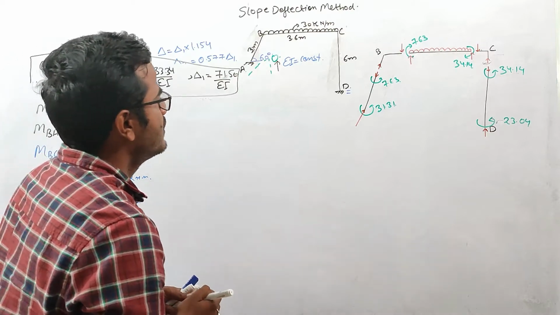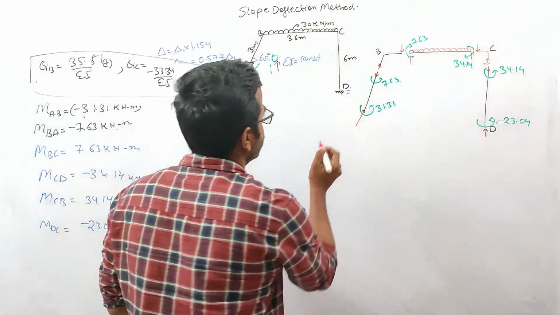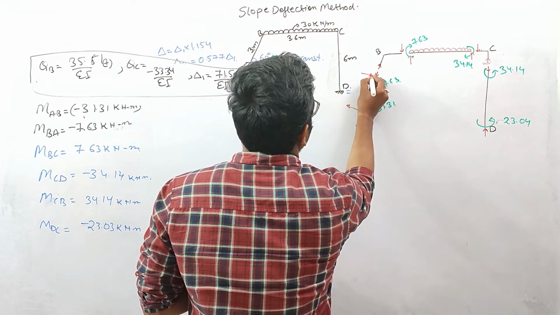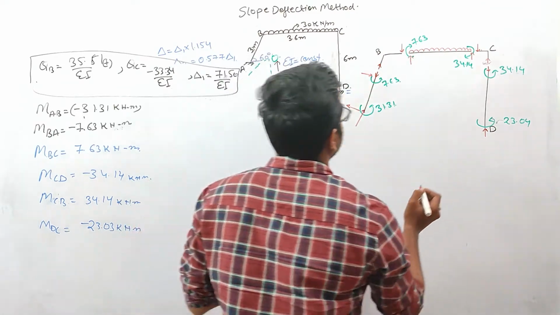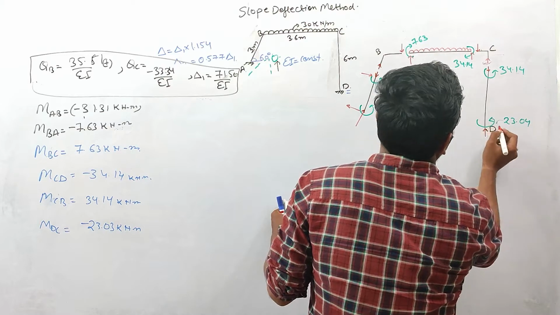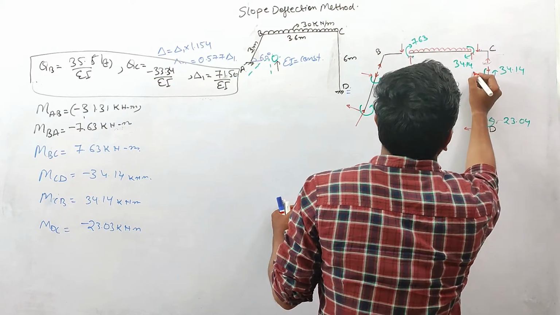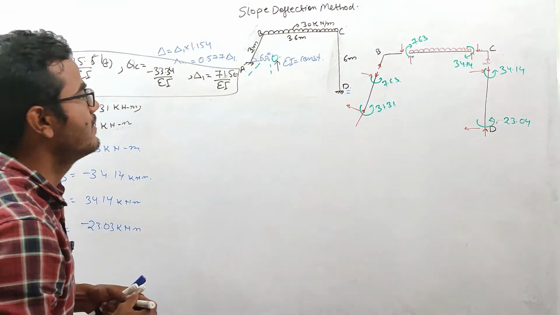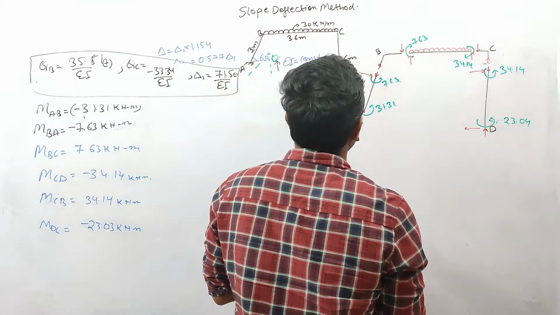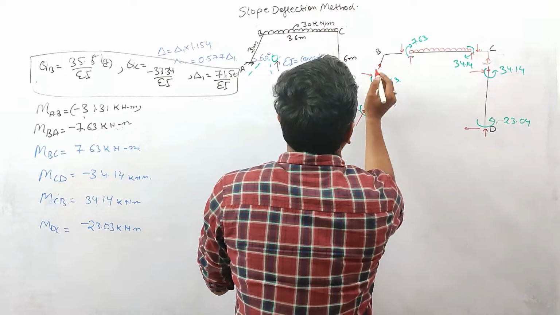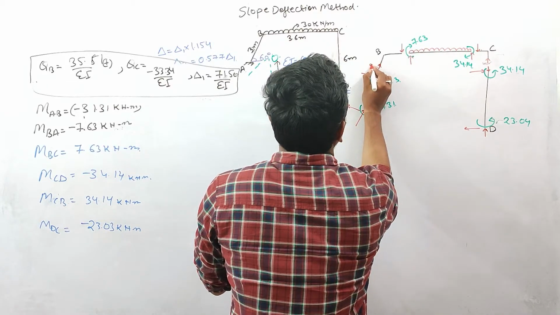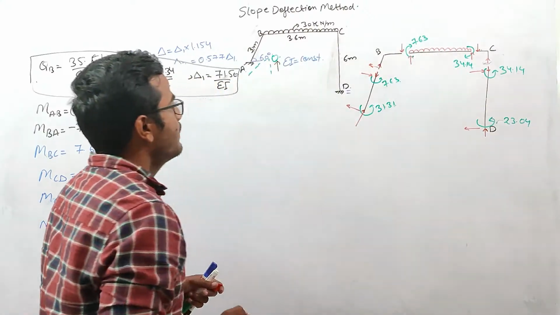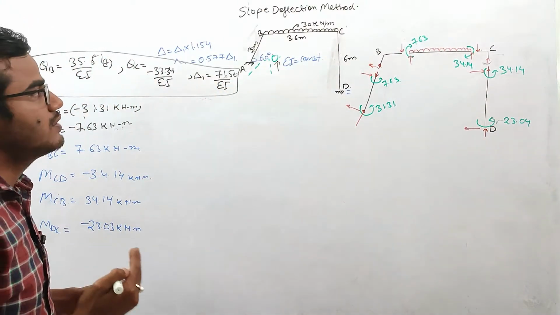Now let us draw the free body diagram for the moments. This is an anti-clockwise moment, so here there will be one clockwise moment. So this is the free body diagram basically, and here also, if this is in this direction, this force will be in this direction. So I have shown the forces.